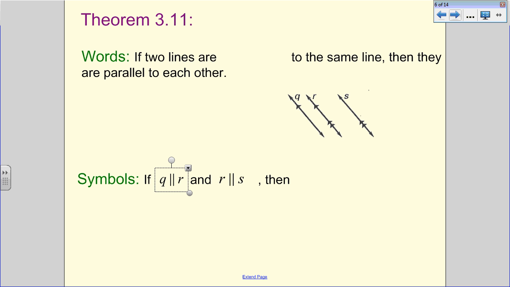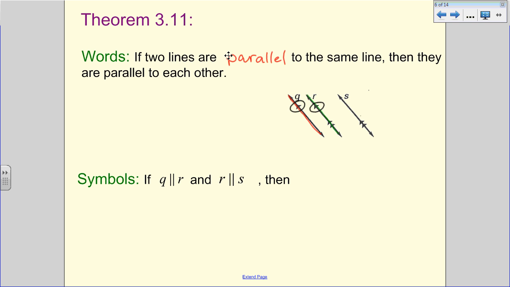Theorem 3.11. So if we have two lines that are parallel to the same line, then they are parallel to each other. And so what that means is if Q is parallel to R, and so if we look here, we have Q and R being marked as parallel.